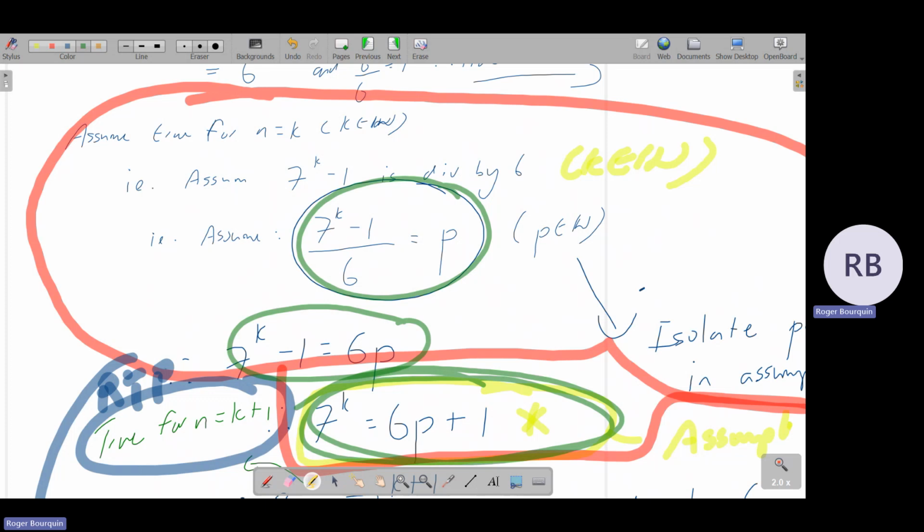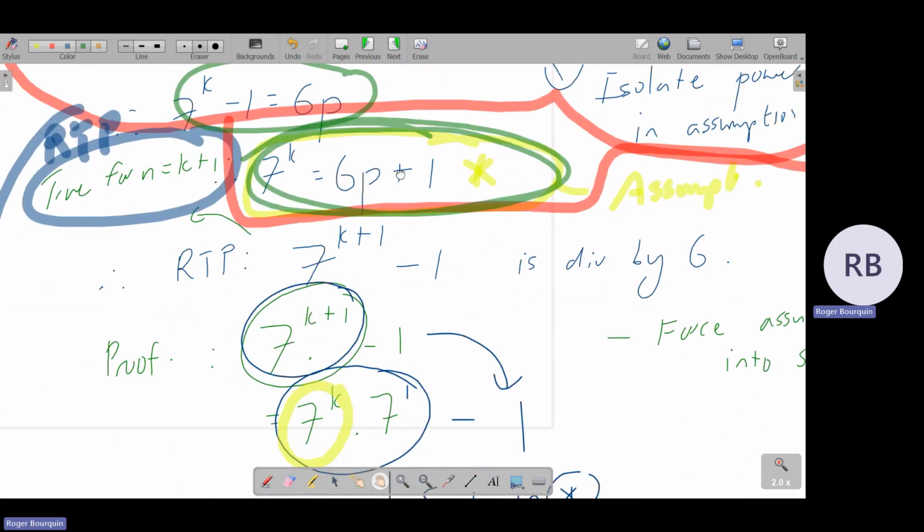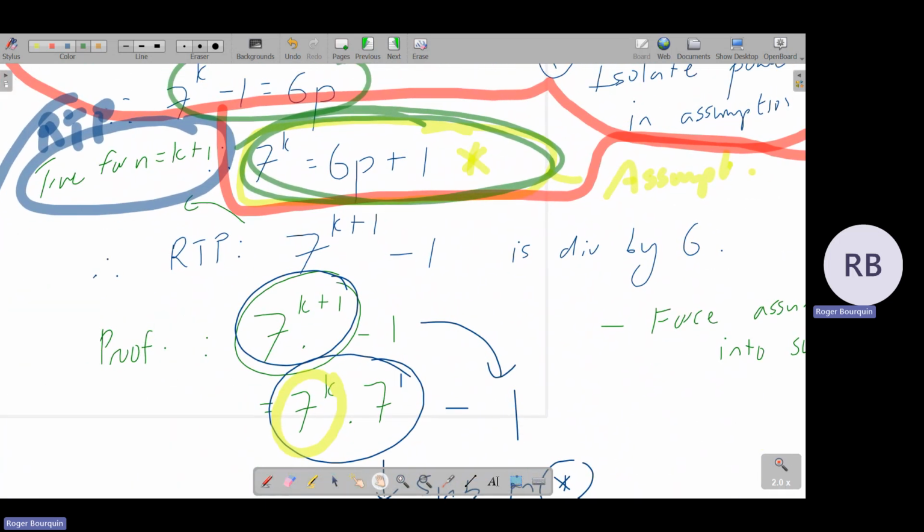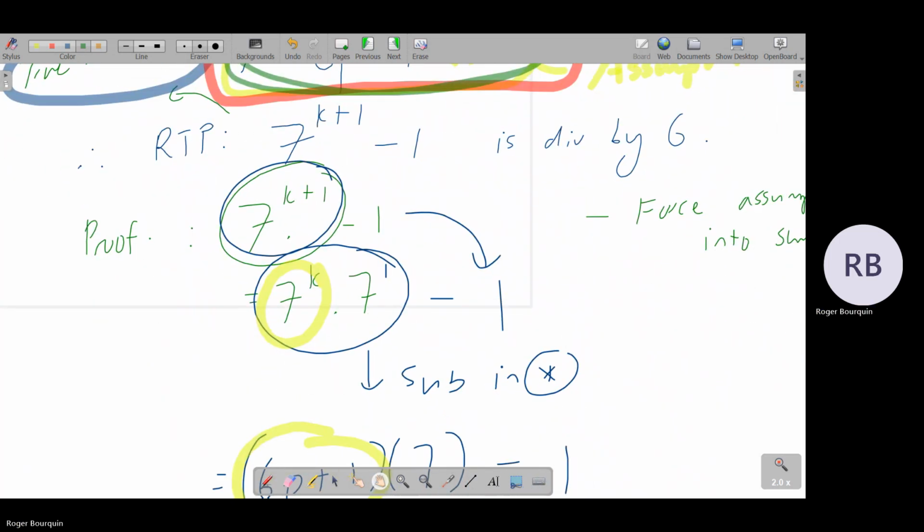Then we go to what we're trying to prove. And we're trying to show that that's divisible by 6. How do I ultimately show that it's divisible by 6? Then I can take out 6 as a common factor. If you do that, then it is divisible by 6. So then this becomes, so we had to force the assumption, which was 7^k, into the sum.